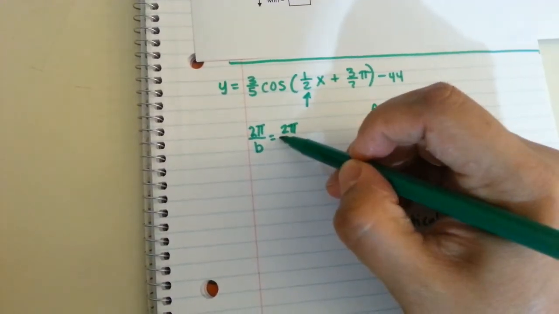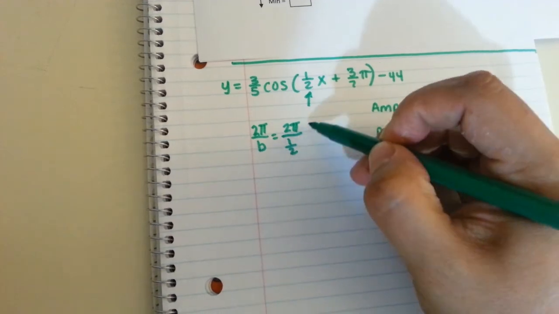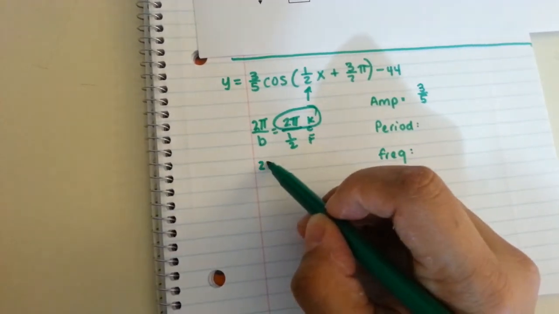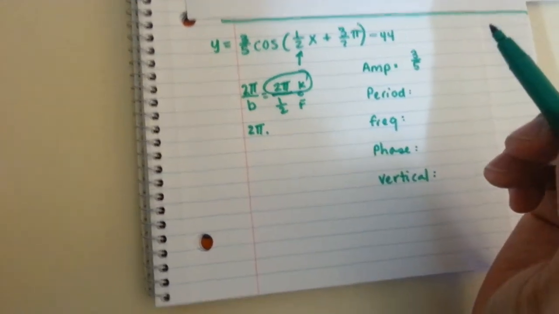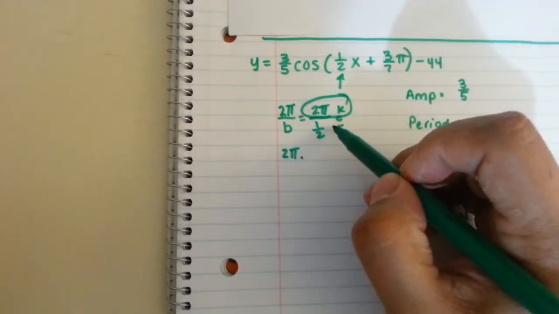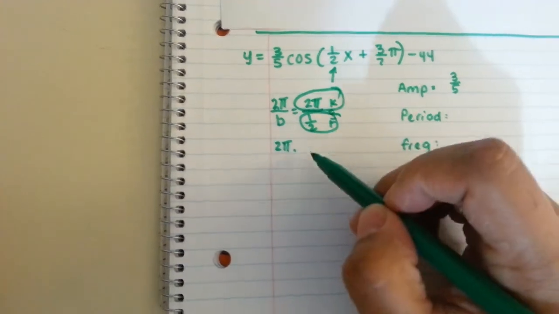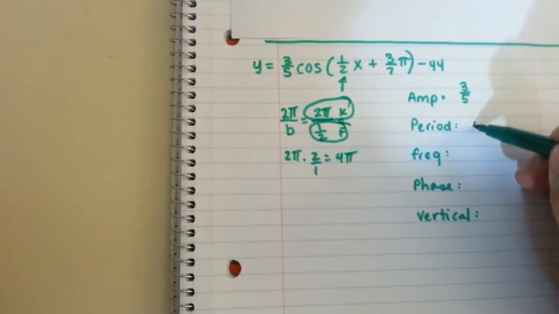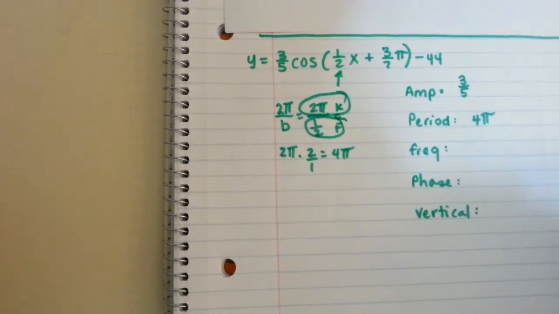That's the b value right there. Once again, keep, change, flip. We're going to keep the numerator. We're going to multiply instead of dividing, and we're going to flip the denominator. What's the flip of 1/2? 2 over 1, so you get 4 pi. So the answer is 4 pi.